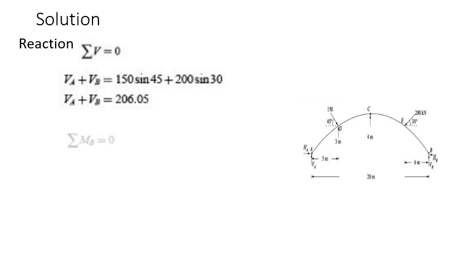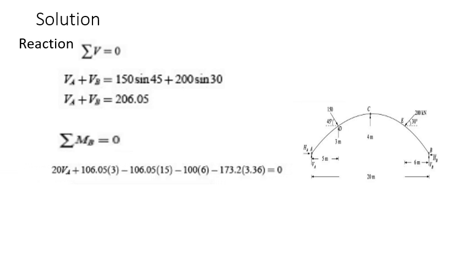Next, apply sigma MB is equal to 0. Take the moment of all the forces about the end B. HA does not produce any moment as it passes through the same line.